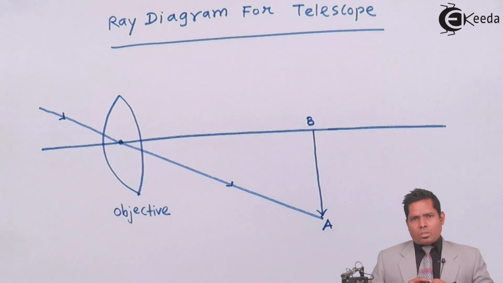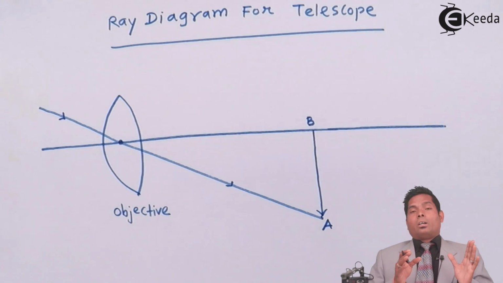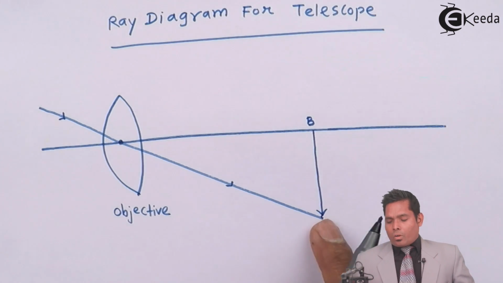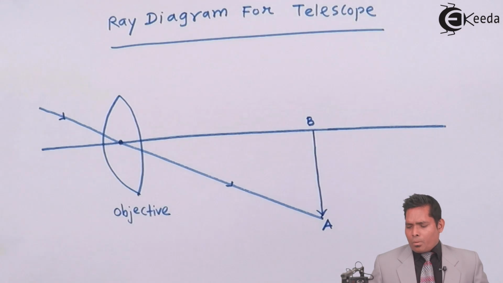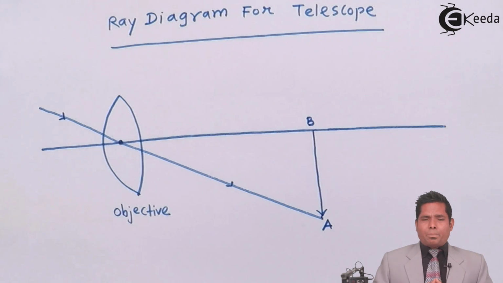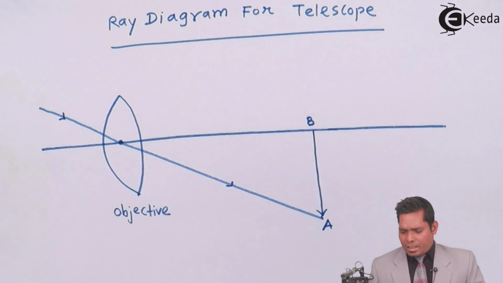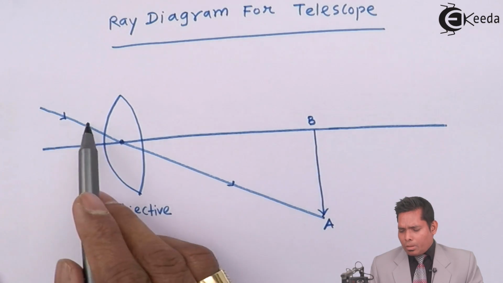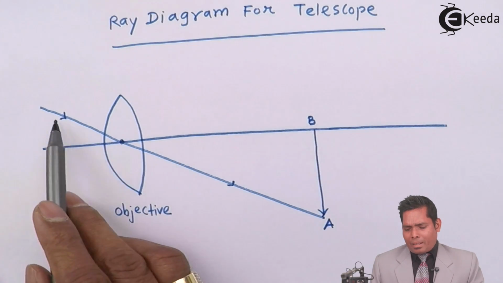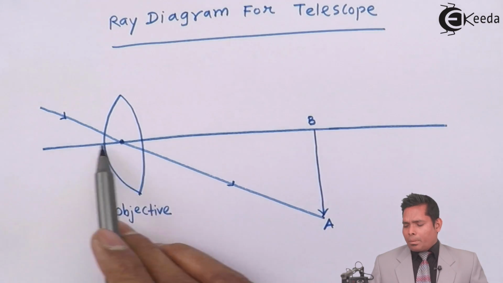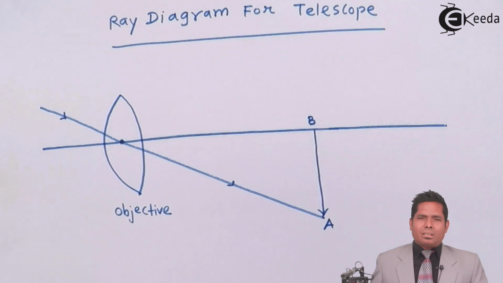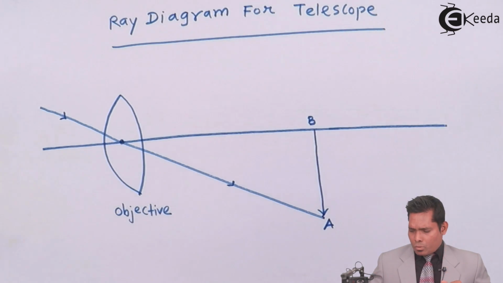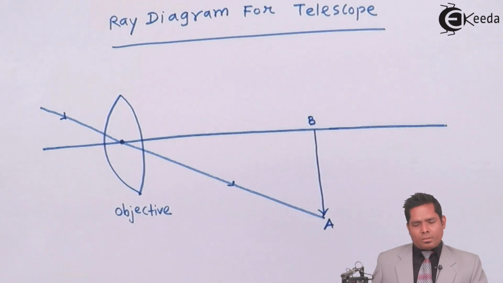This is inverted because the object is at infinity, so obviously the image is formed at the focus or focal plane of the lens. So this is the focal plane on which if the rays are parallel to the optical axis, this principal axis, then it will be at focus. But if they are parallel but not parallel to this principal axis, they will be forming their images at the focal plane. So this is the focal plane where the image is formed.